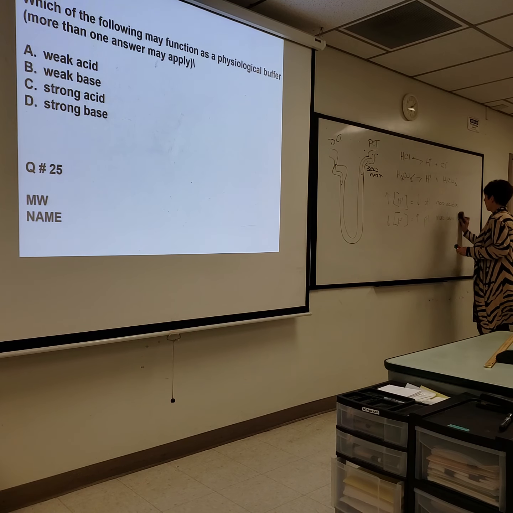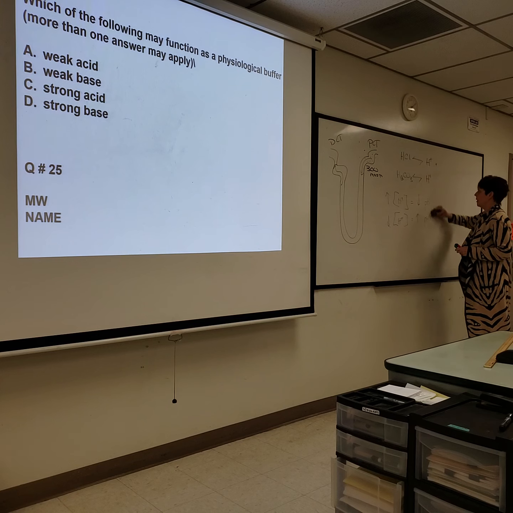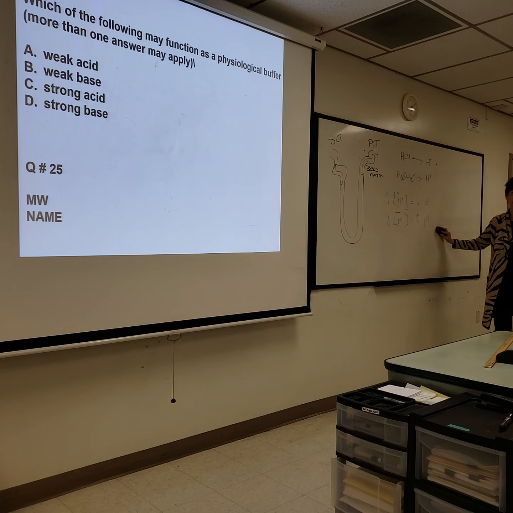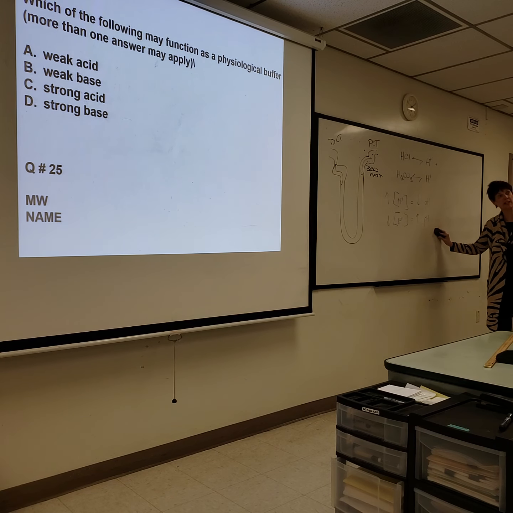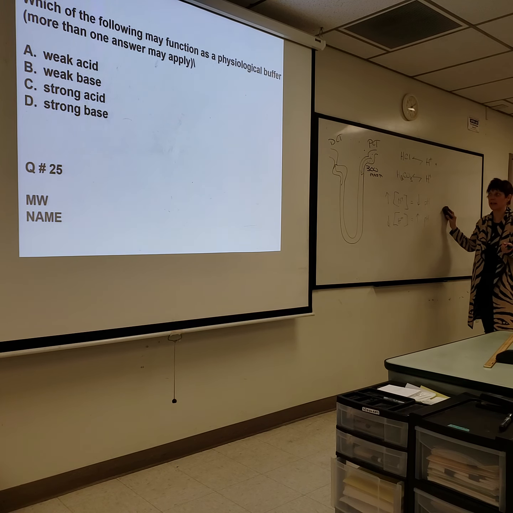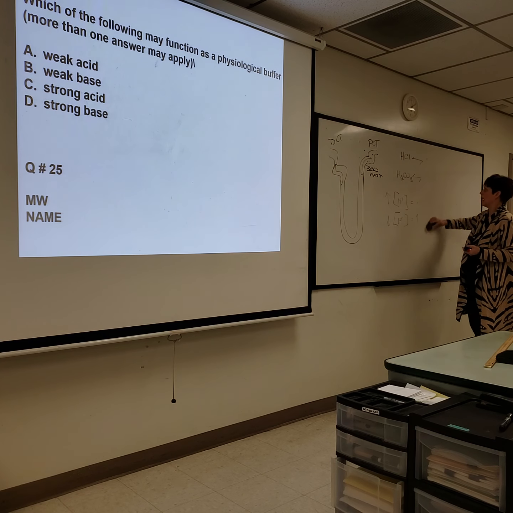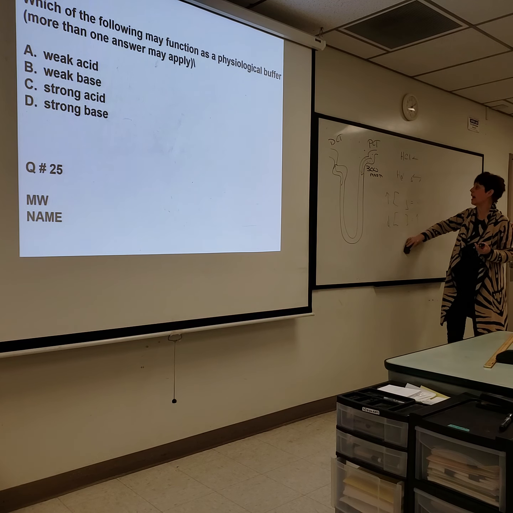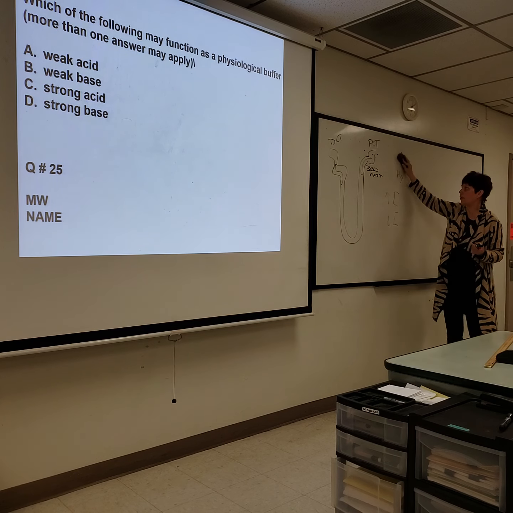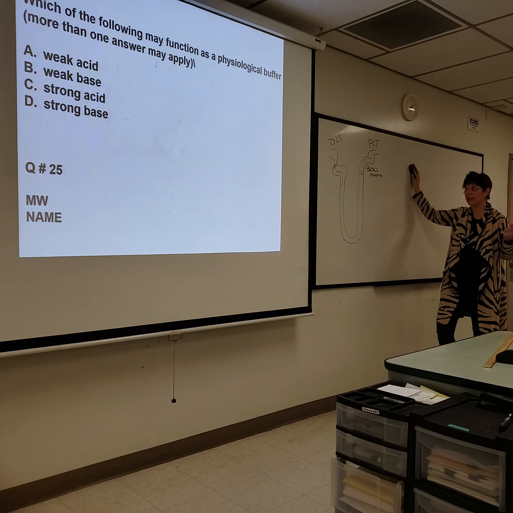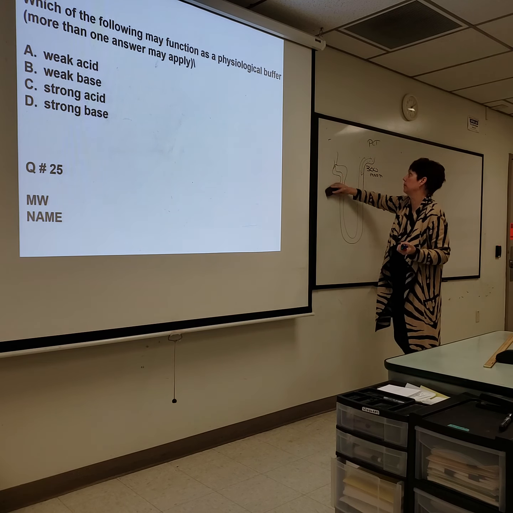So a strong acid and a strong base, to give you the answer to this question, do not function as a buffer, because they're only driven one direction. They're either going to completely dissociate or 99% dissociate and make the solution more acidic by releasing hydrogen ions, or with sodium hydroxide, they're going to remove hydrogen ions from the solution, all right?